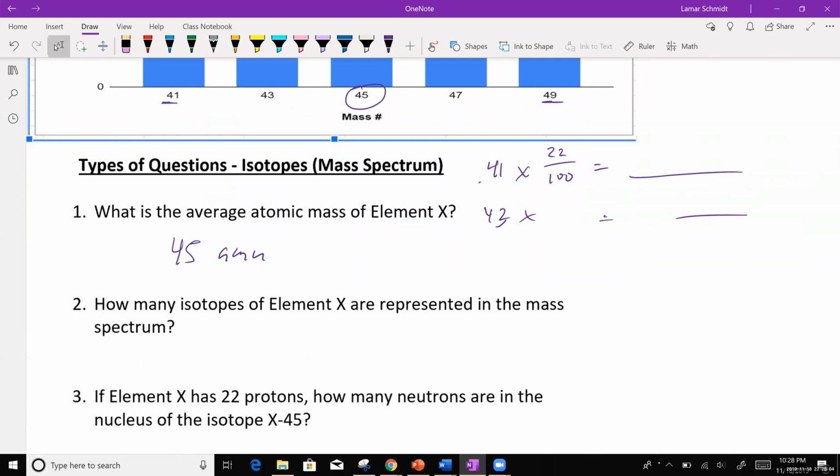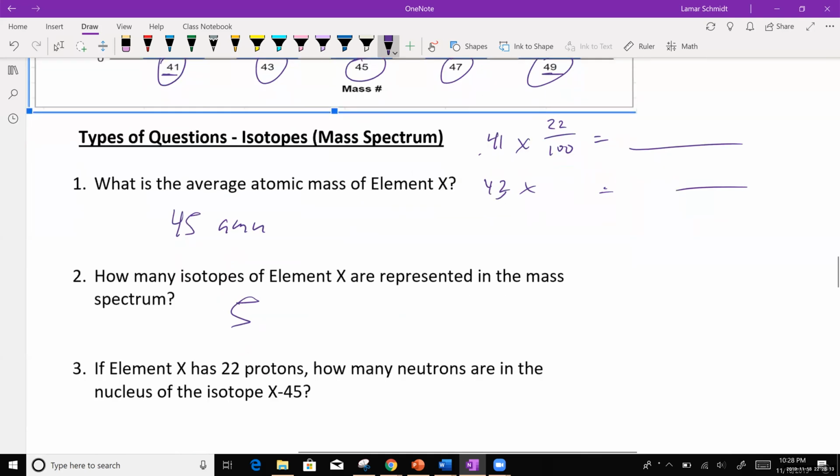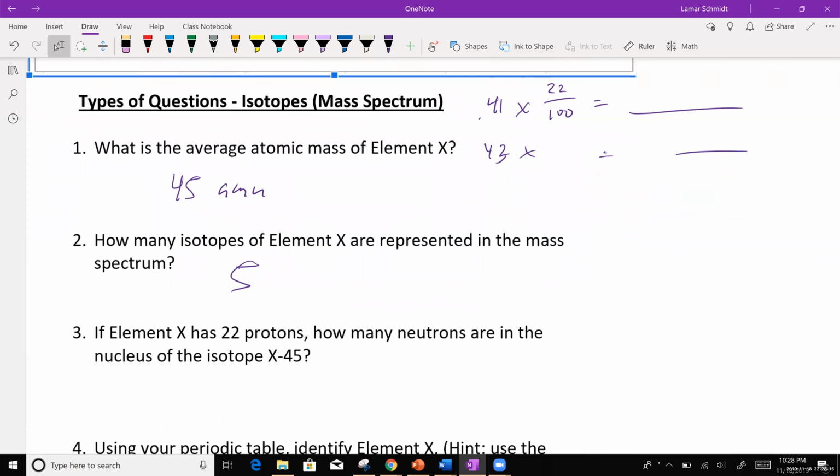And it says, how many isotopes? There's 1, 2, 3, 4, 5. 5 isotopes. If element X has 22 protons, how many neutrons are in the nucleus of 45? You have 45 minus 22. That would give you 23 neutrons.